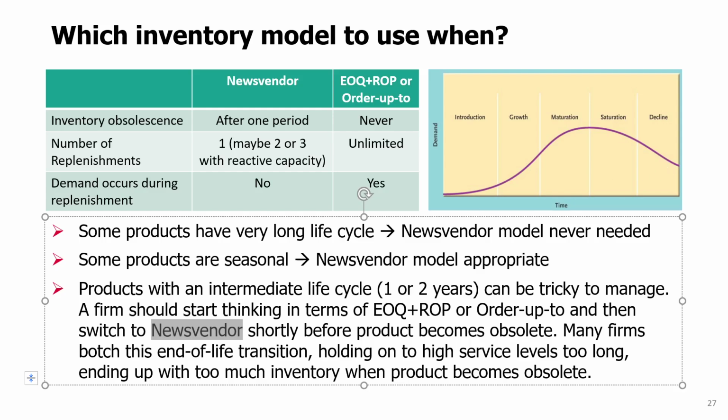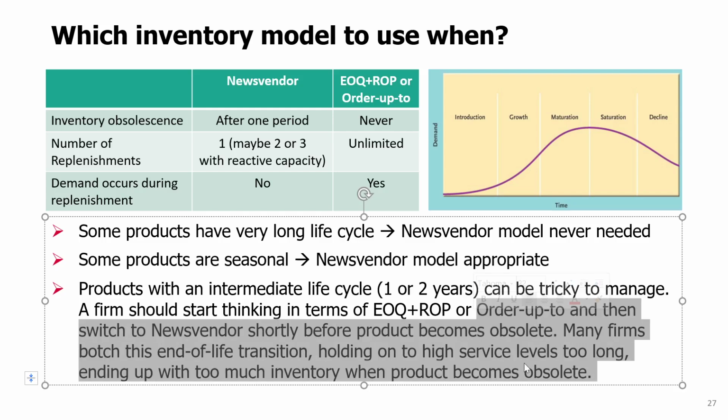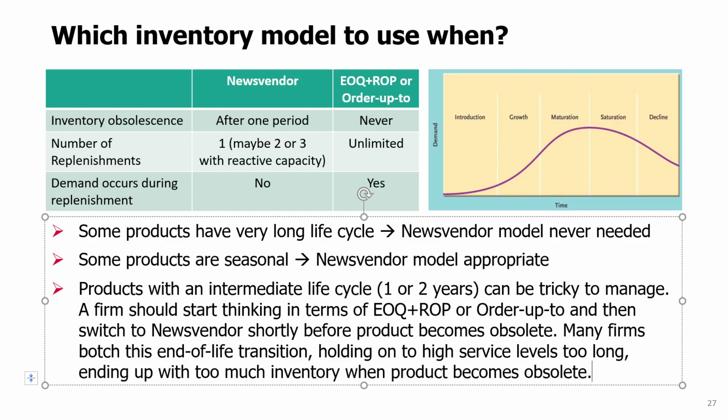Many firms actually miss this moment. They often operate with too high service levels for too long, right? They end up with too much inventory when the product becomes obsolete, and they actually have very high costs. So be careful not to make this mistake when you manage inventory.